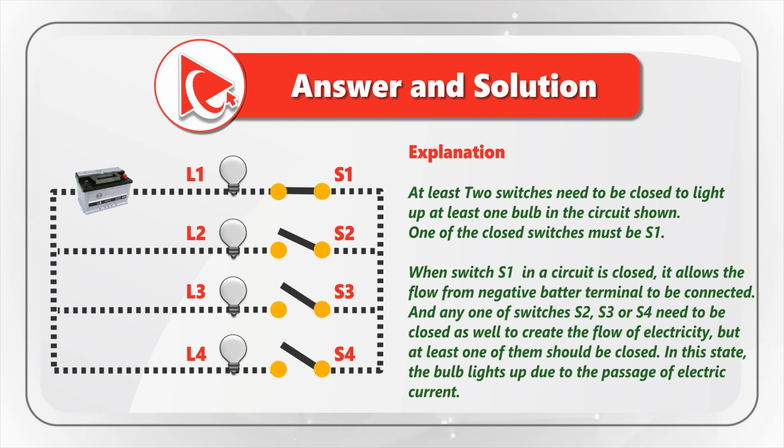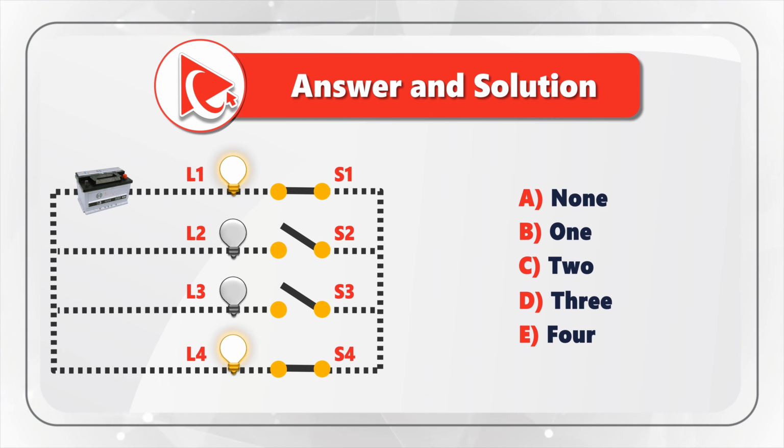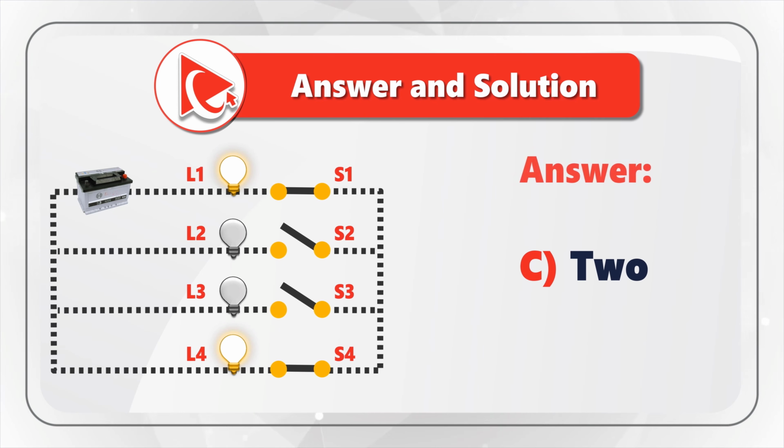In addition, any one of the switches S2, S3, or S4 needs to be closed as well to create the flow of electricity, but at least one of them should be closed to light up at least 1 bulb. In this state, the bulb lights up due to the passage of electric current. So the correct answer here is choice C, 2 switches.